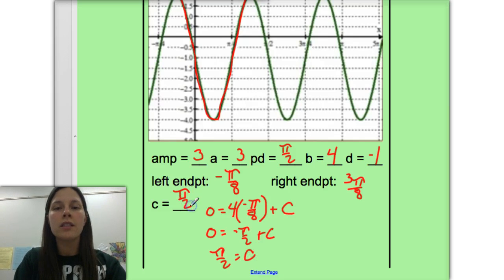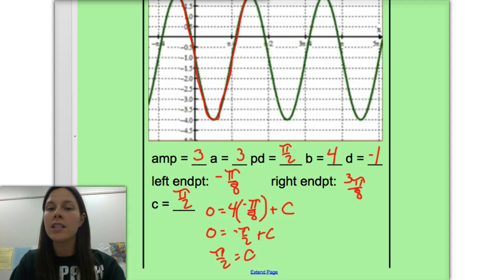Now right here I could substitute into my function, but I want to double check my right endpoint and make sure that I get the same c value. If I don't, then I either identified an endpoint wrong or I did the math wrong somewhere. So for the right endpoint, it's 2 pi equals b, 4, times the right endpoint, 3 pi over 8 was what I identified, plus c.